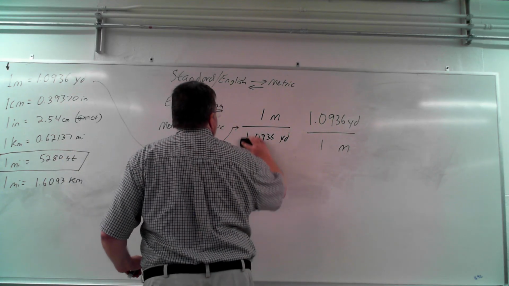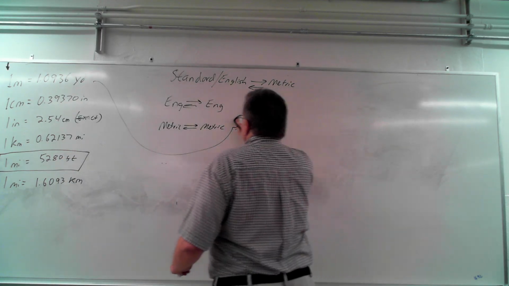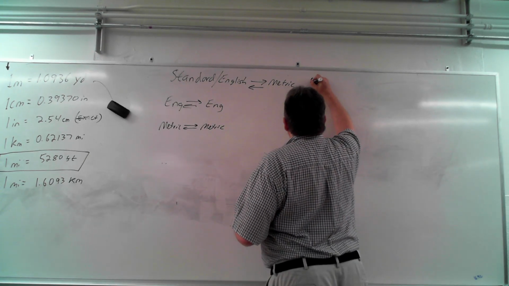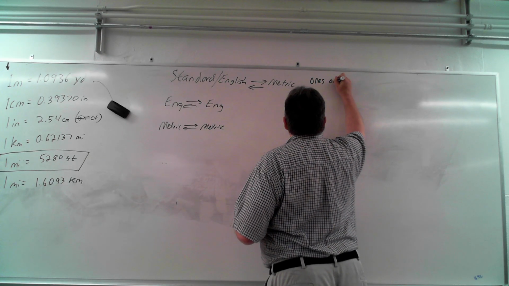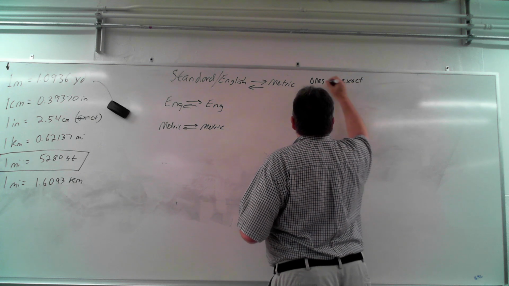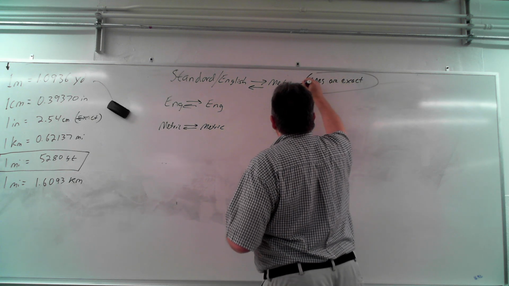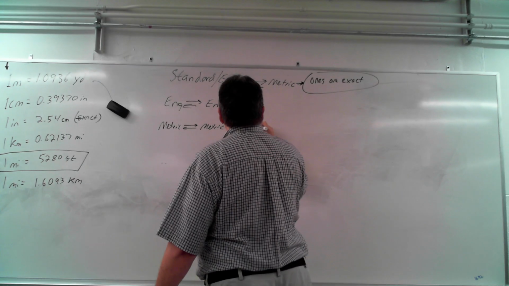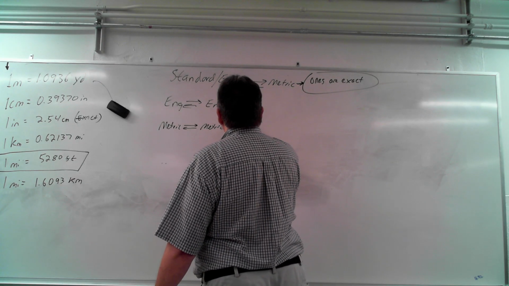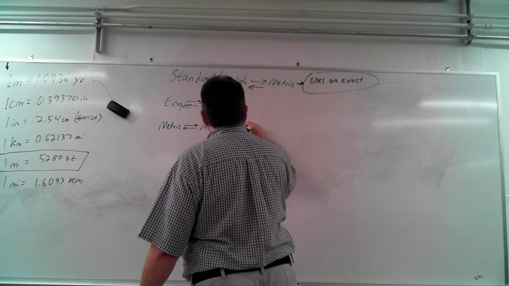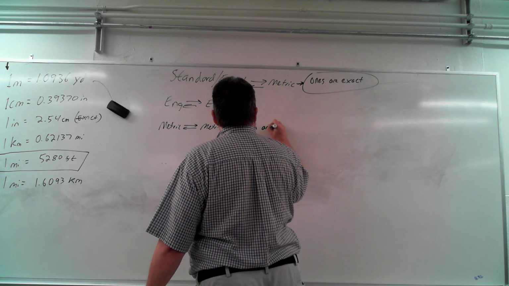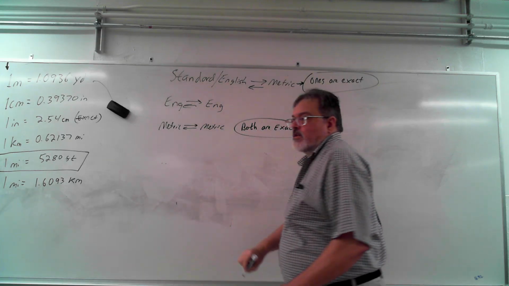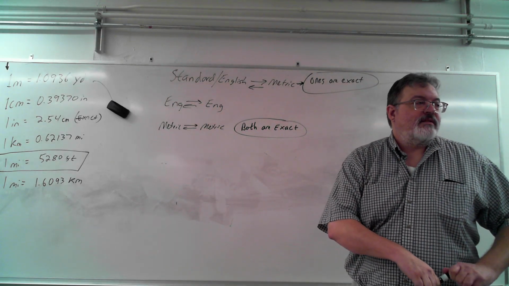Whenever you have conversion factors, if you are going standard English, the ones are exact, like I just said before. When it's metric to metric, both of them are exact.